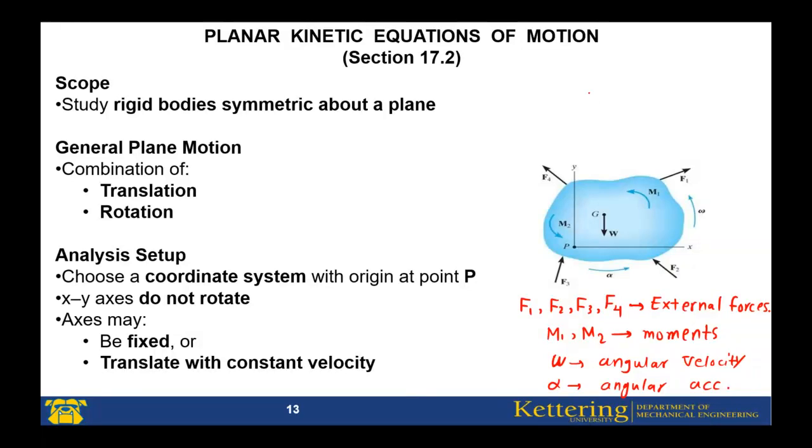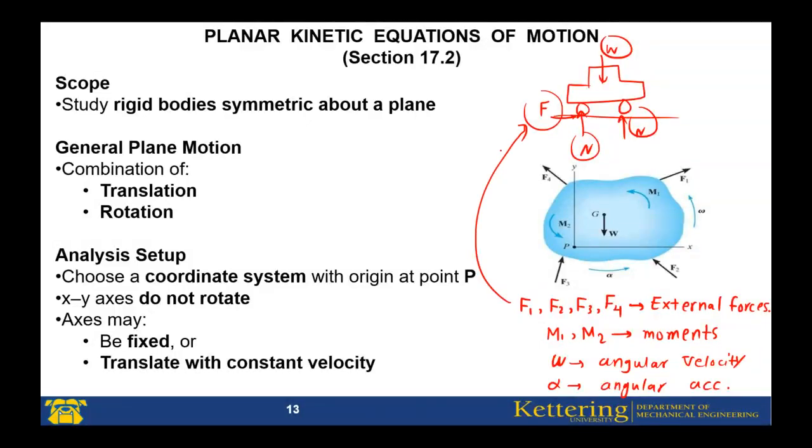One example can be a car, with weight, normal force, and the frictional force applied. These are the roles of these forces. Also, for example, consider I apply a moment at the front wheel, and it starts to rotate, with alpha and omega. Another example is the tire.